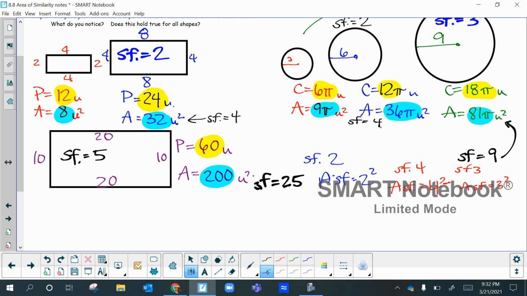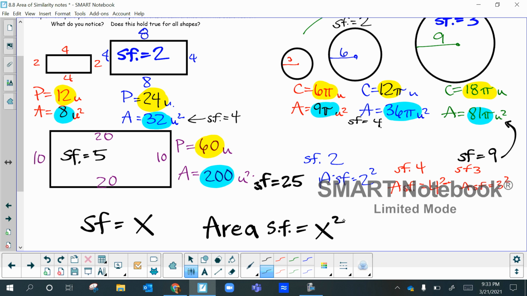In general, if your scale factor is x, then your area scale factor, sorry, this pen is not working well right now, is going to be x squared.